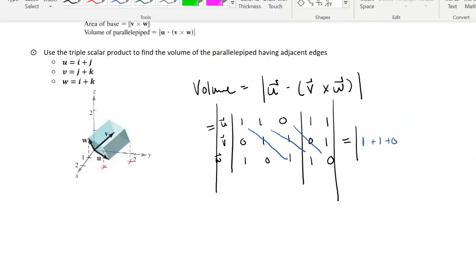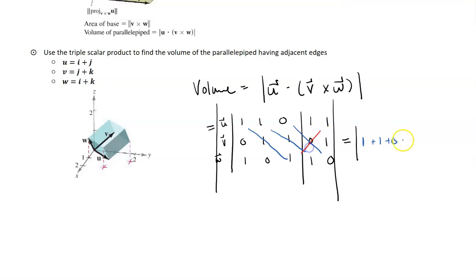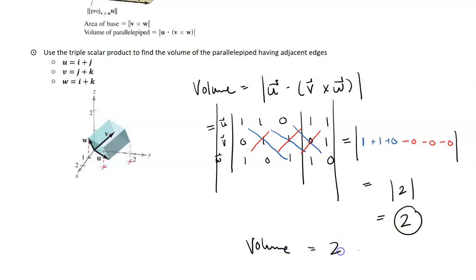In the backwards direction, we'll have minus 0, minus 0, minus 0. So when you add these together, you have the absolute value of 2, which is 2. So the volume here is 2 cubic units.